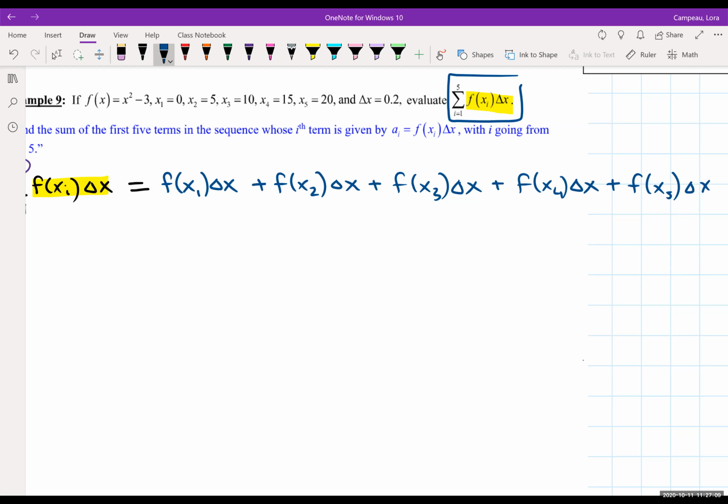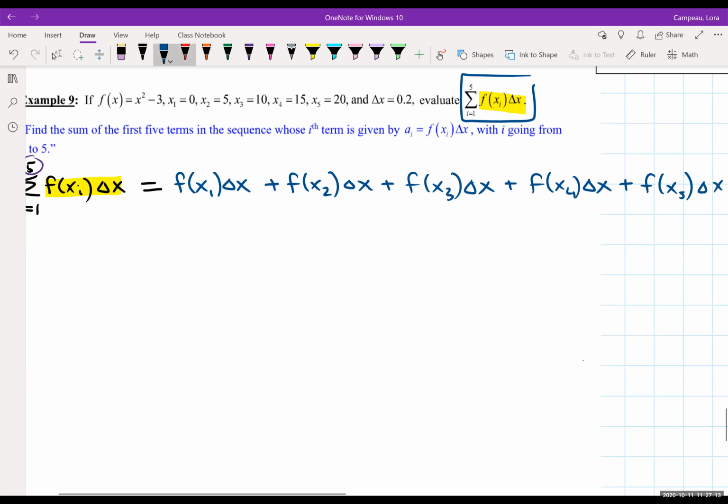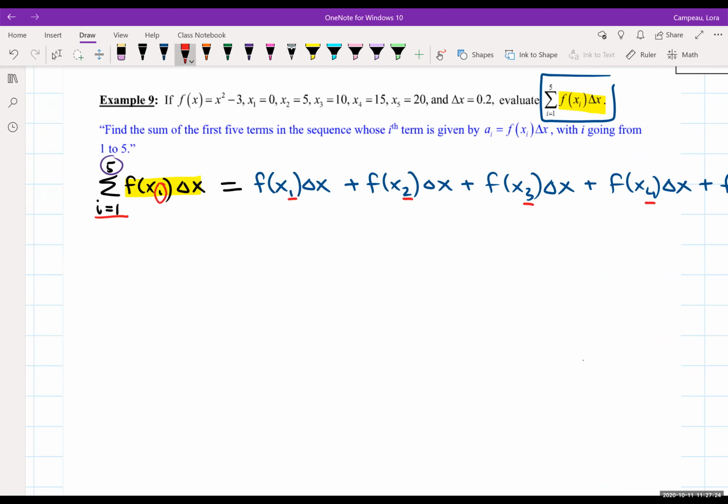Keeping in mind, what is changing is the subscript. So notice that it's varying based on the summation notation.